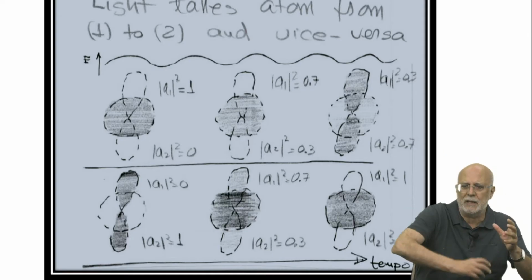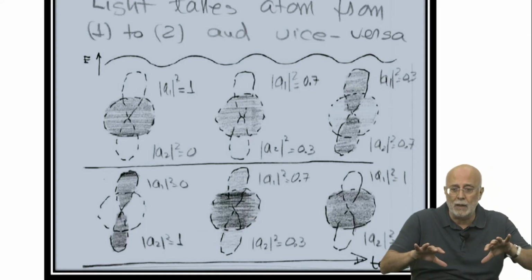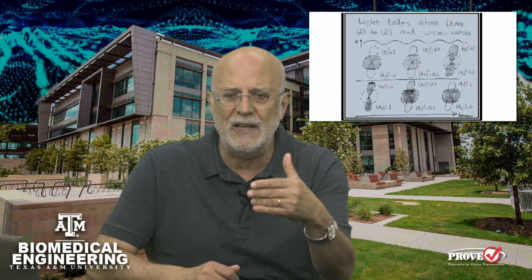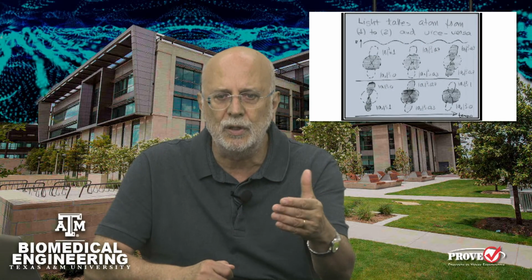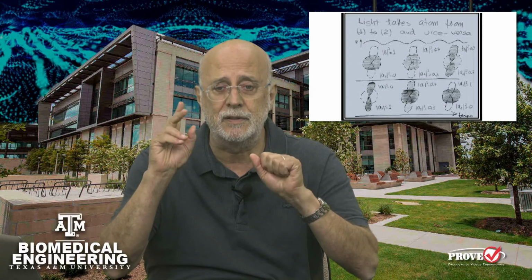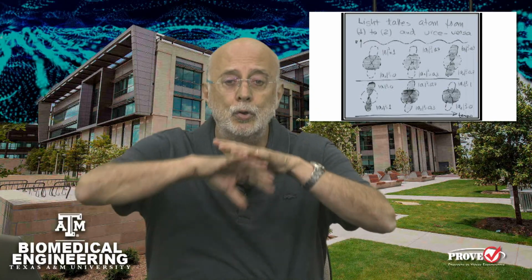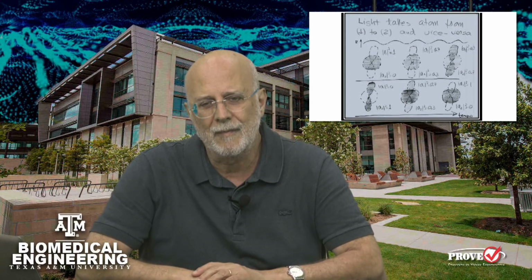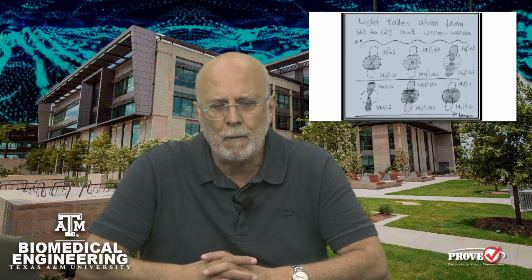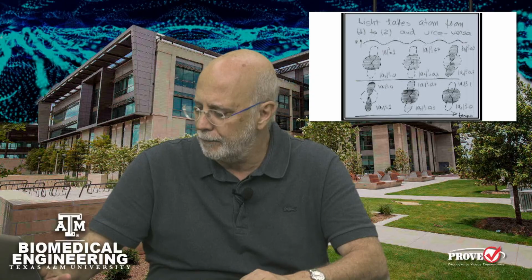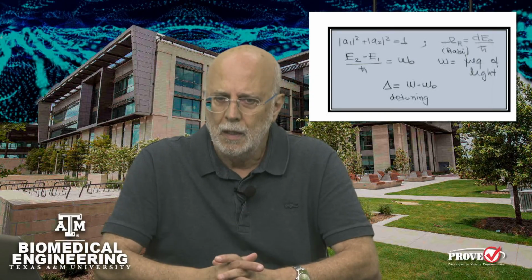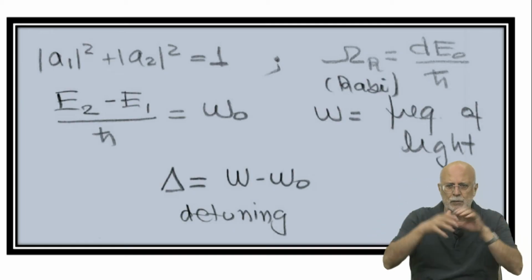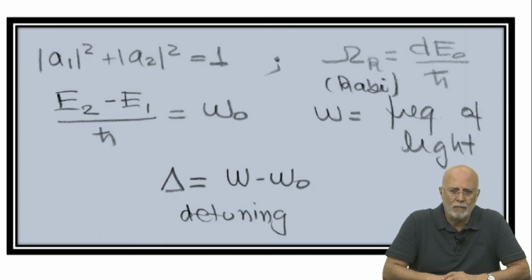Classical matter will shake around. Quantum matter will superimpose the possibilities of existence of the electron cloud, which in this case is two possibilities: state 1 and state 2, two spatial distributions, elongated or spherical. Is that clear for you? I hope so, because A1 square plus A2 square, which are the coefficients of the superposition, is always 1.